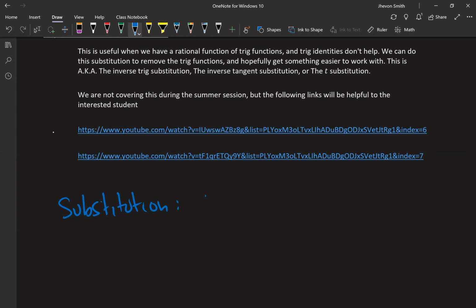You would substitute u equals the tangent of x over 2, i.e., notice that you're substituting x equals an inverse tangent.